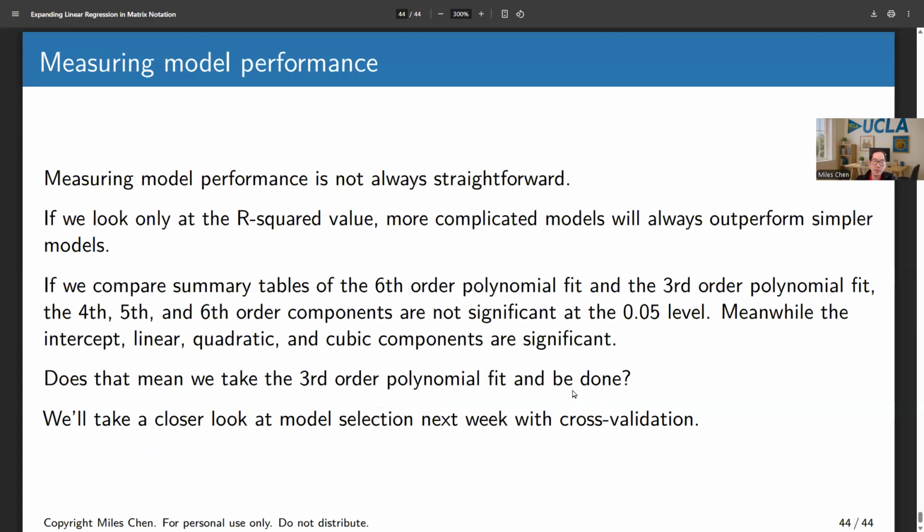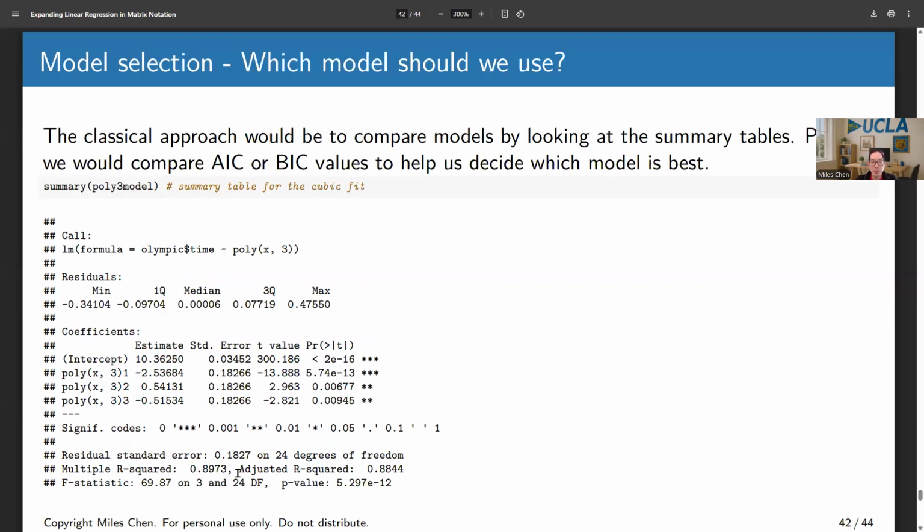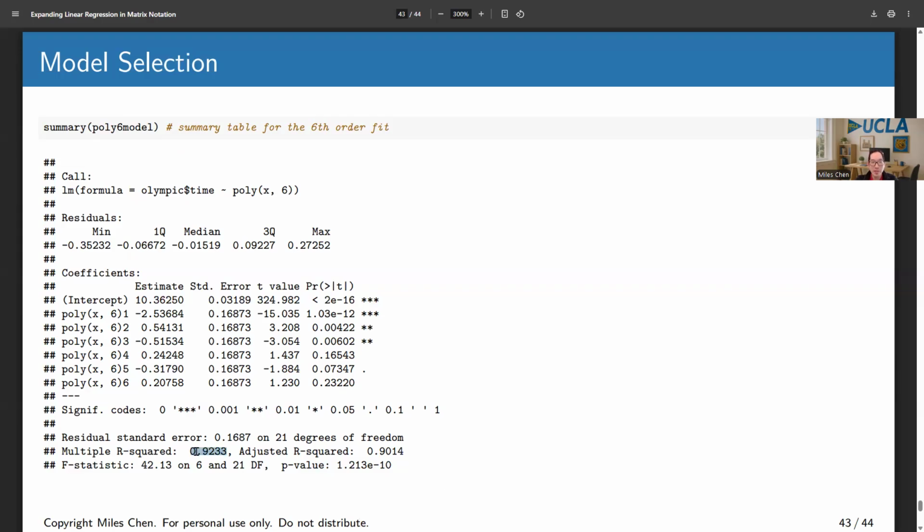So, using only the R squared value is usually not recommended, because the R squared value, you can always eke out better R squared values by adding more terms, right? So the third order polynomial, my R squared is 0.8973, and here my R squared value is 0.9233 when I add additional things.